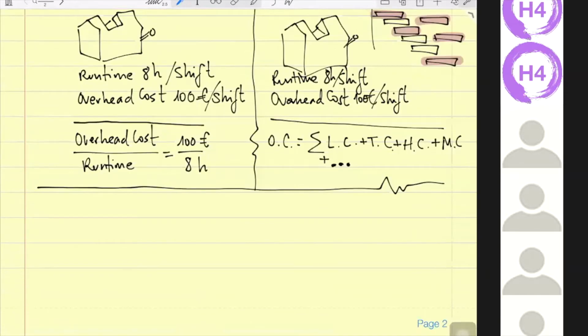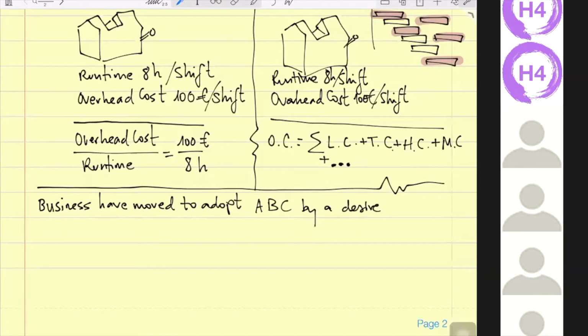So businesses have moved to adopt activity-based costing by a desire to improve costing accuracy.